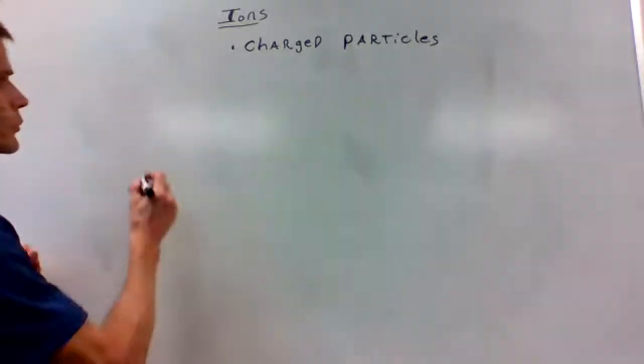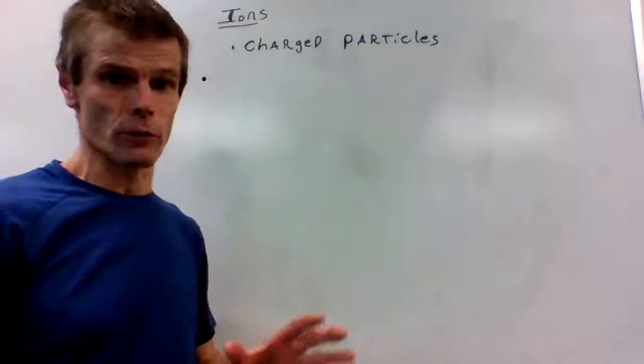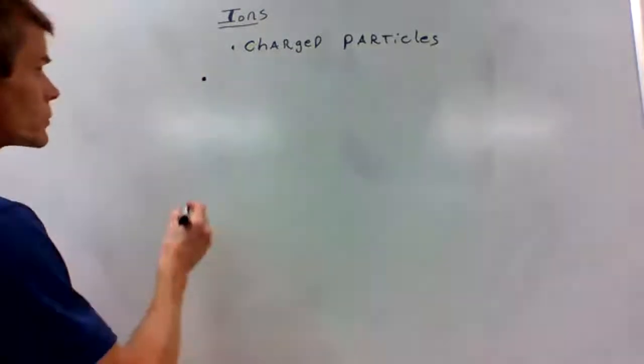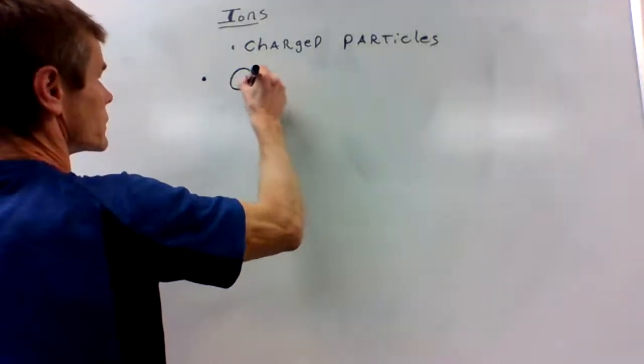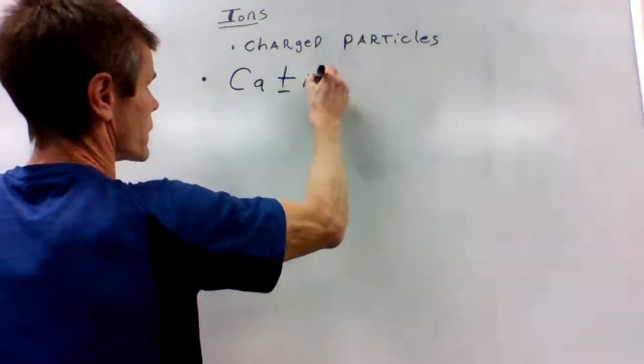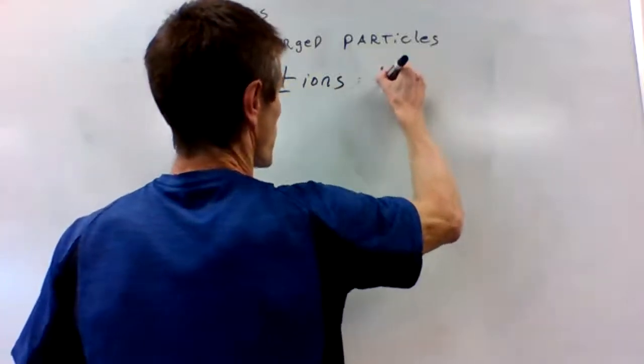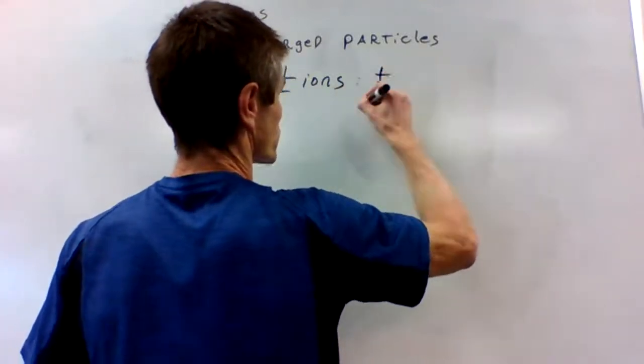Now, we need to define two types of charged particles. The positively charged particles are called cations. These are positively charged.